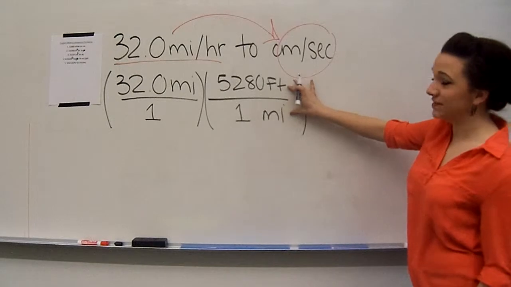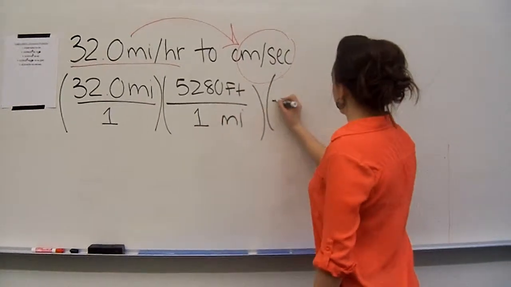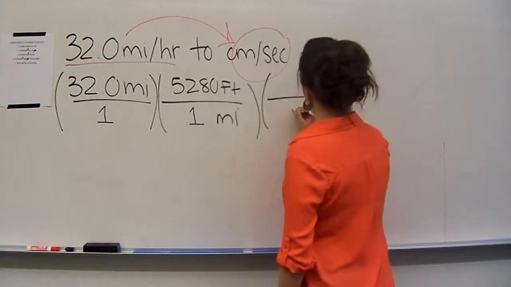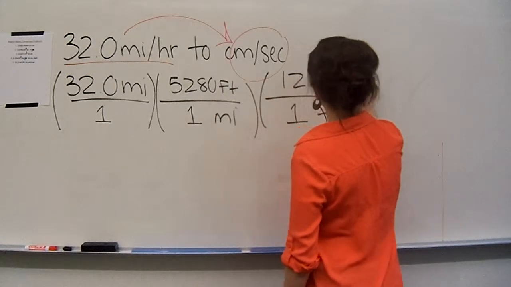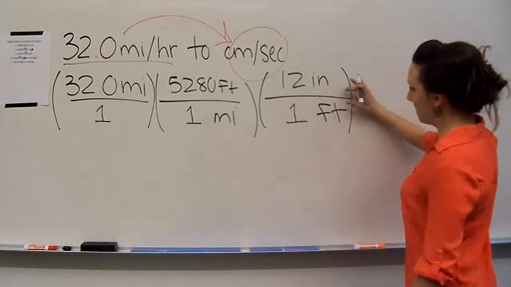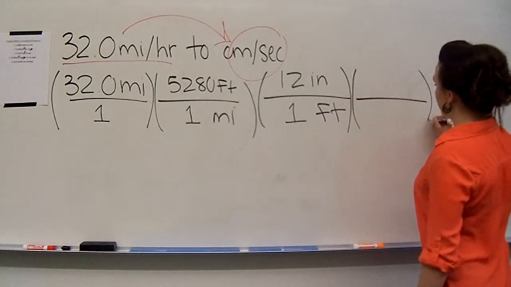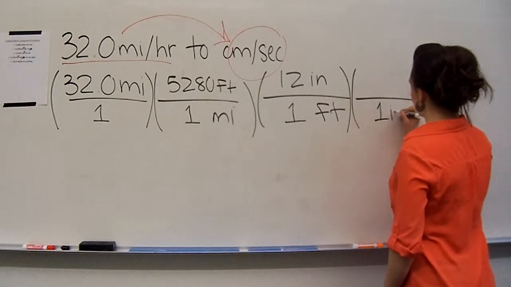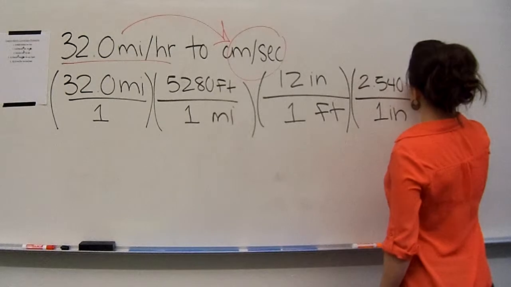Matching those equivalents vertically, we write feet, and we know that 1 foot is equivalent to 12 inches. Matching those vertically. We need to match inches diagonally, so we have 1 inch is equal to 2.540 centimeters.